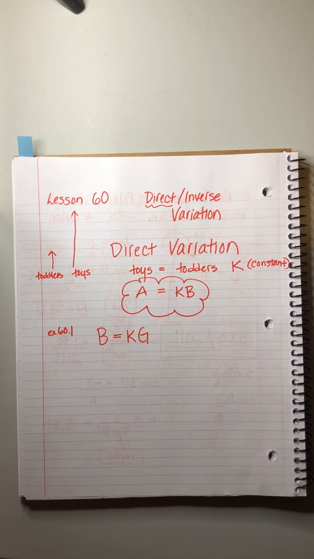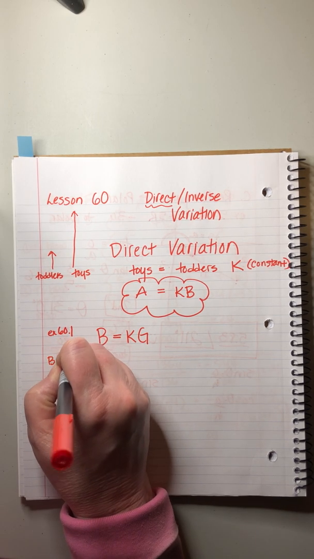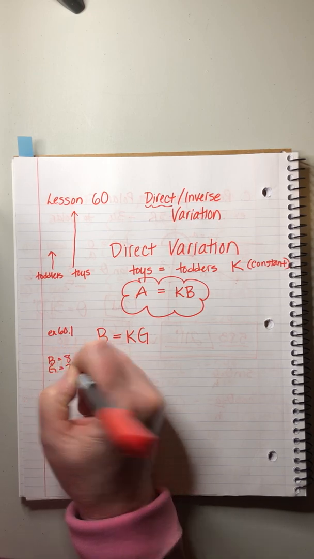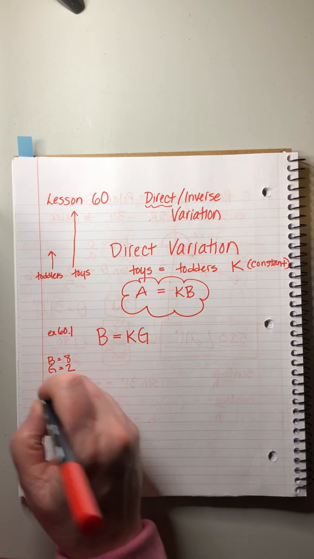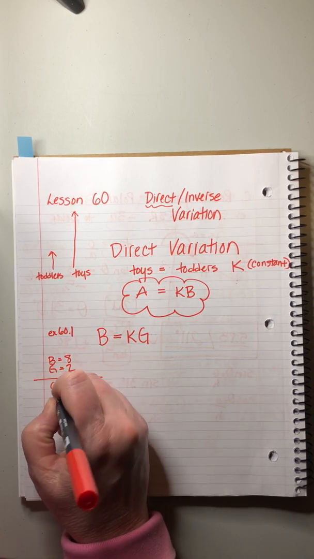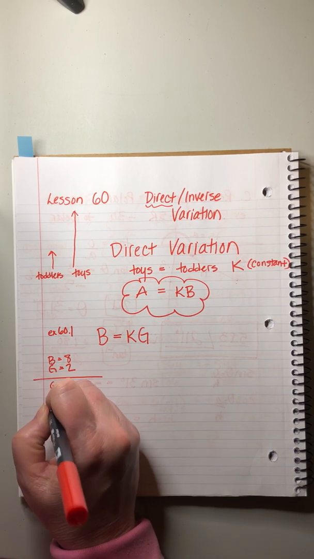Just write it down like the sentence says. In one room, there were 8 boys and 2 girls. If there are 5 girls in another room, how many boys are in this room?